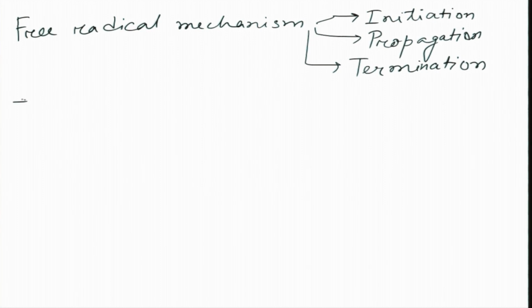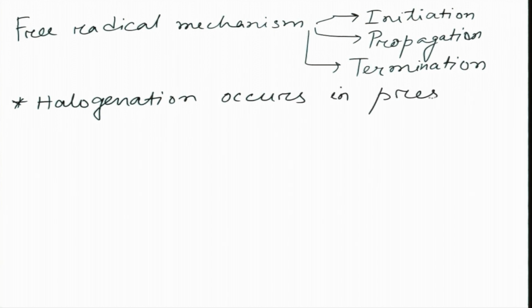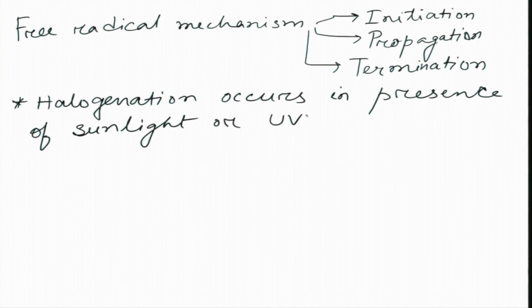So, halogenation occurs in presence of sunlight or UV light. Okay.